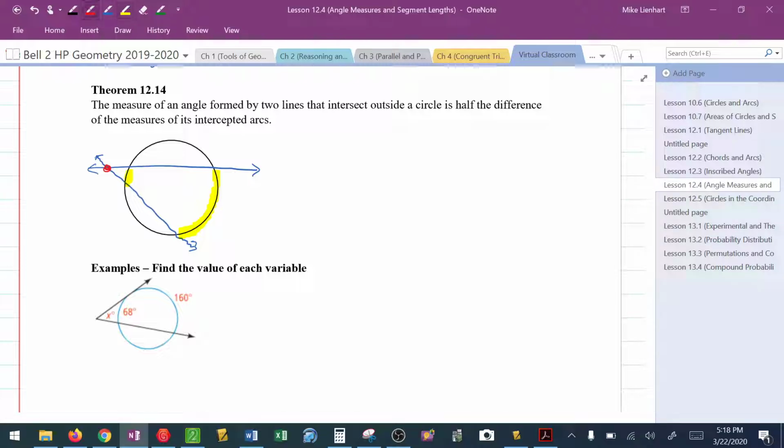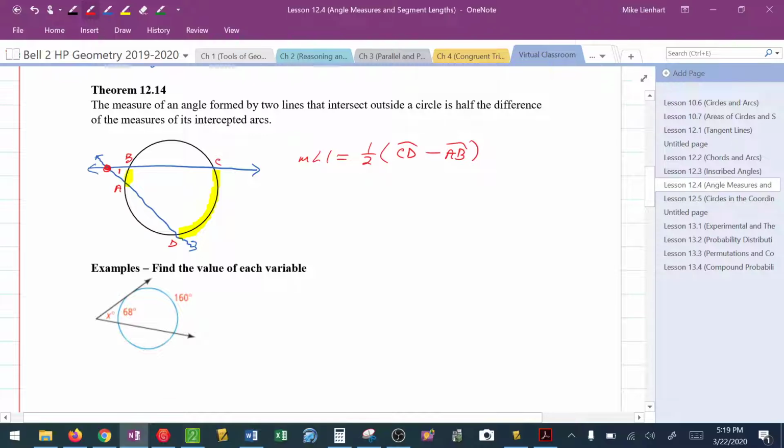I'm going to call those arcs A, B, C, D. Let's call this angle 1 again. I know that the measure of angle 1 is going to be half the difference of the measures of the intercepted arcs. So this would be half of arc CD minus arc AB.